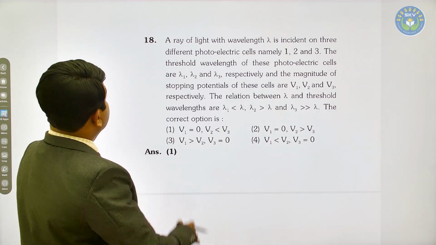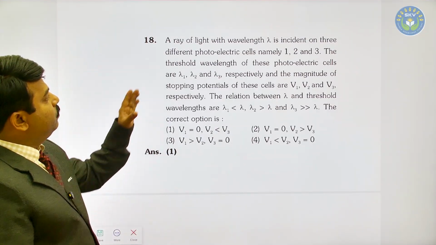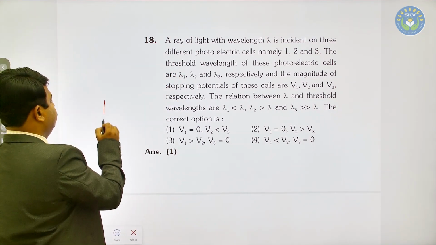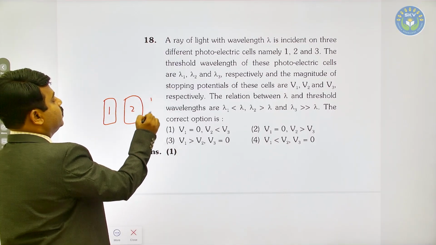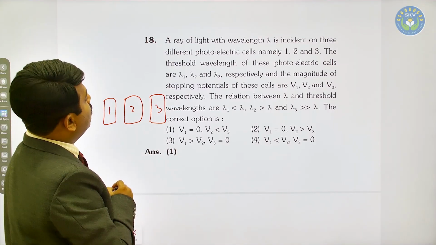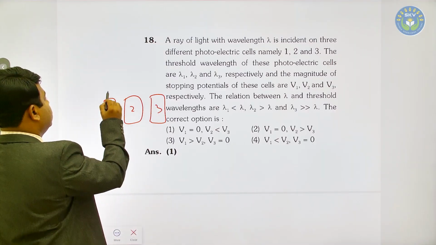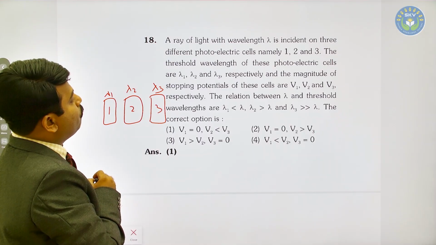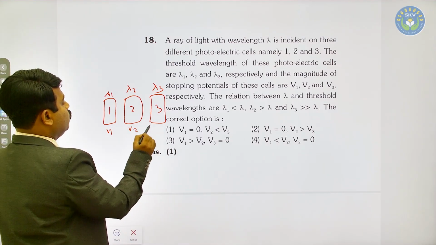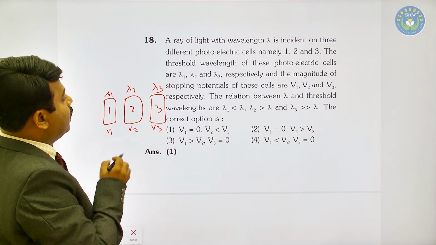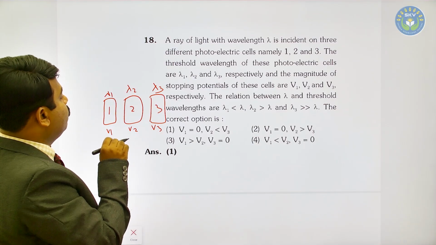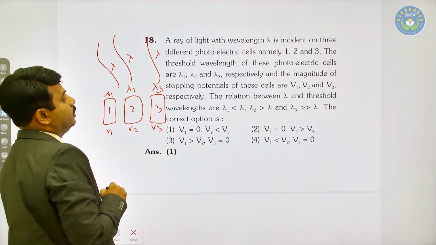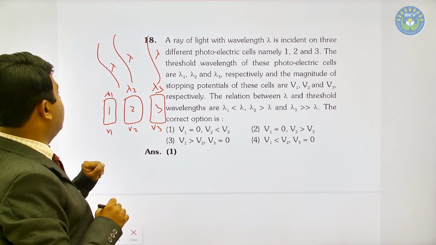All right. Question number 18. A ray of light with wavelength lambda is incident on 3 different photoelectric cells. This is 1, this is 2, this is 3. With threshold wavelengths lambda 1, lambda 2, lambda 3, and the magnitude of stopping potentials also given as V1, V2, V3. The relation between lambda and the threshold wavelengths: the same lambda is falling on all the materials.